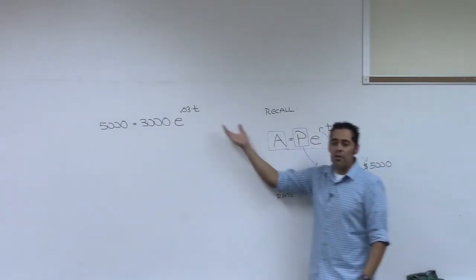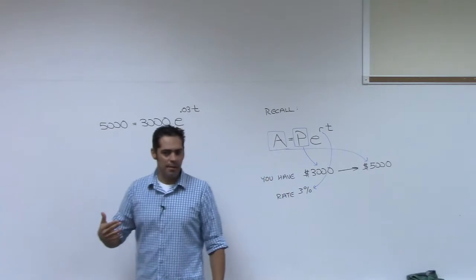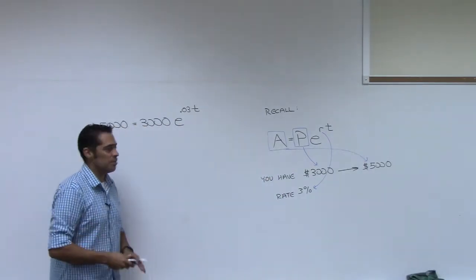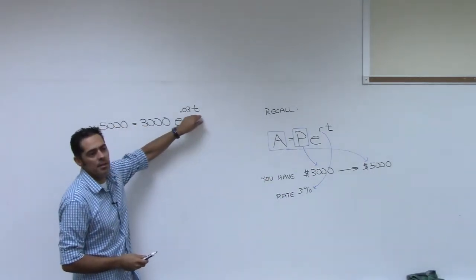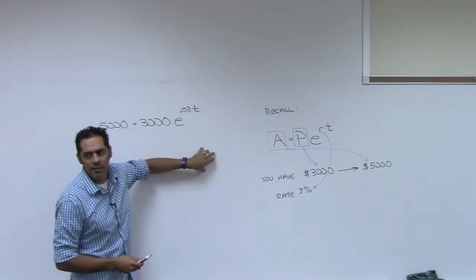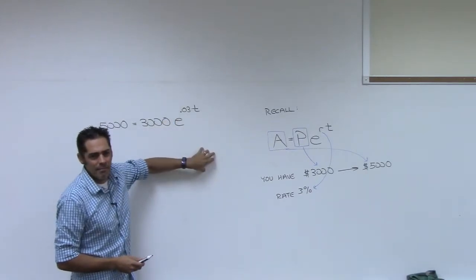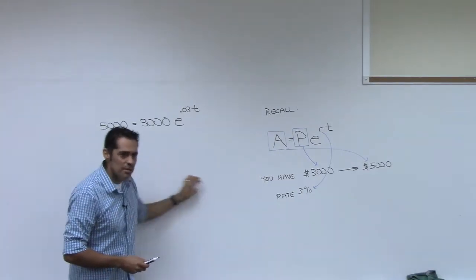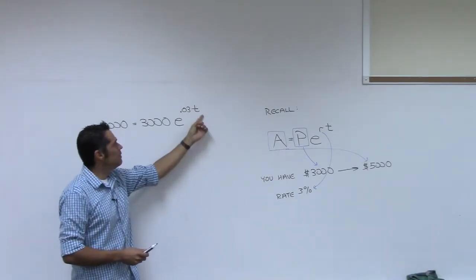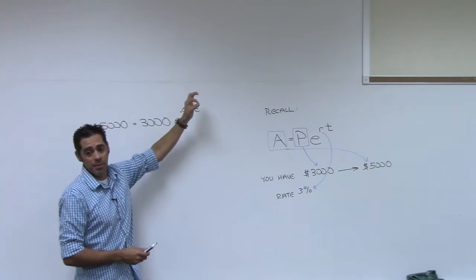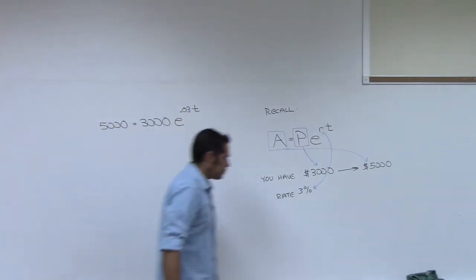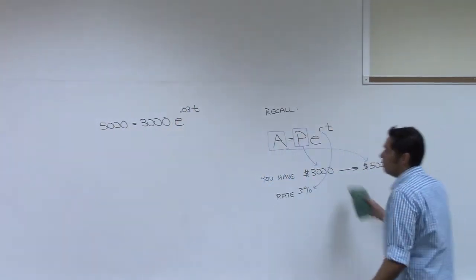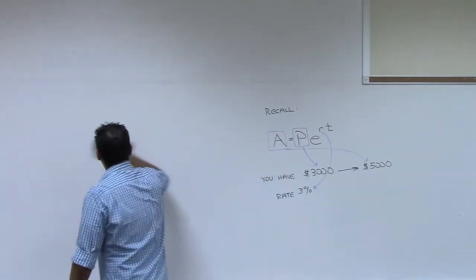But I can't show you that until we work with logs a little bit. And that's why we're going back to 2.6. We want to be able to solve for time, but it's up here instead of down on the bottom. Does that make sense? Like linear equations, all the variables were on the bottom. Quadratic equations, the variables were on the bottom. This is the first time we're seeing a variable up in an exponent. So it's a little harder. That's where we're headed. Let's get back to this here.